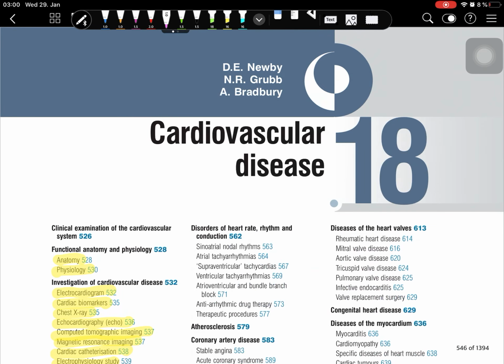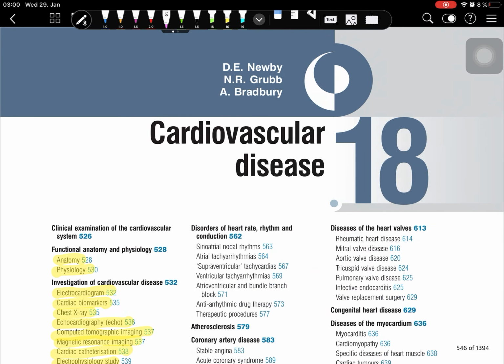As I told you earlier, before studying diseases of any organ system, you should know the basic anatomy and physiology of that system, and you should also know what investigations are required or can be done in that organ system. As years go by in medicine, we lose touch with anatomy and physiology.